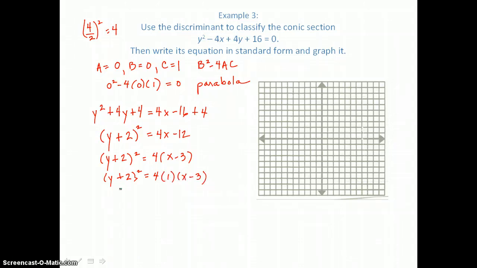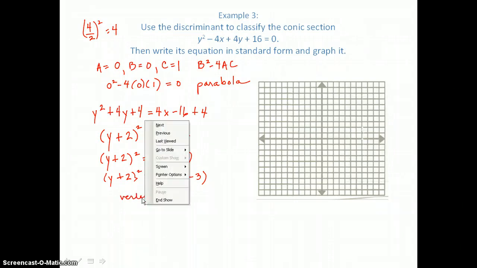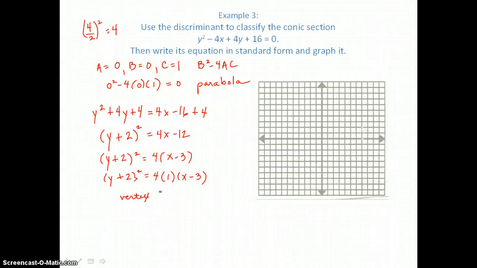So from the standard form, I can see that the vertex of this parabola, h, k, h is 3, that's what's subtracted from x, and k is negative 2, that's what's subtracted from y, and p is 1.